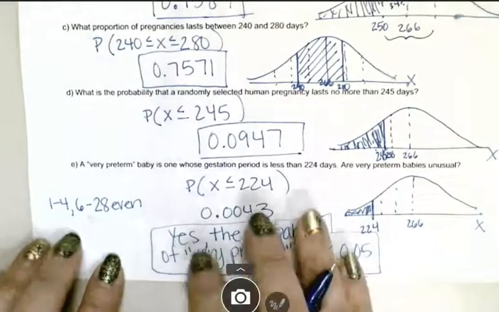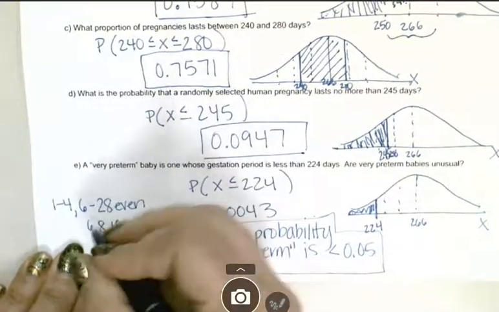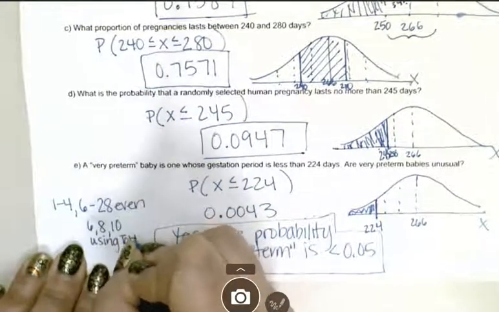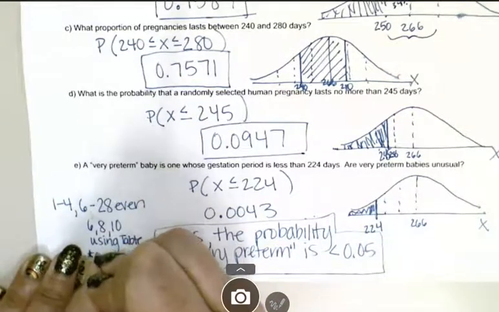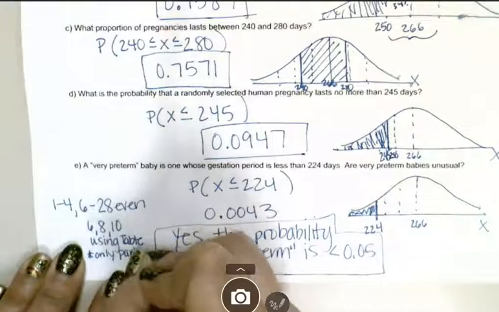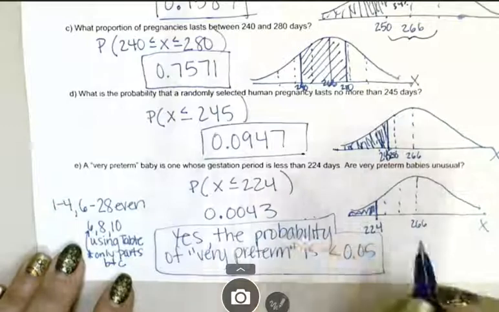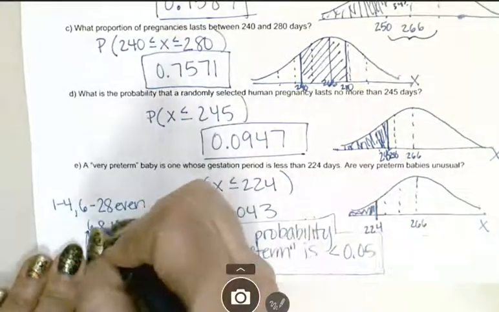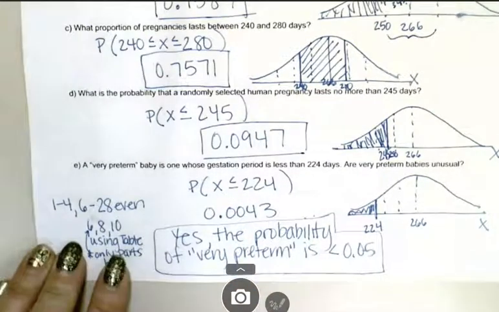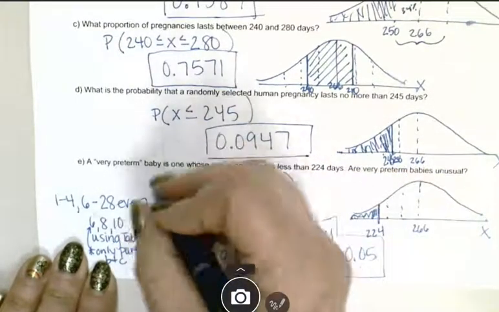But here's the deal. 6, 8, and 10 must be done using the table. You only have to do parts B and C on those ones only. Everything else, you'll do all the parts. But 6, 8, and 10, I want you to use the table. You need to show your work. You need to write out everything. But you only have to do parts B and C for 6, 8, and 10.